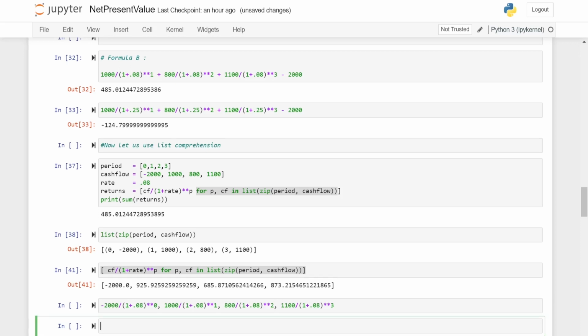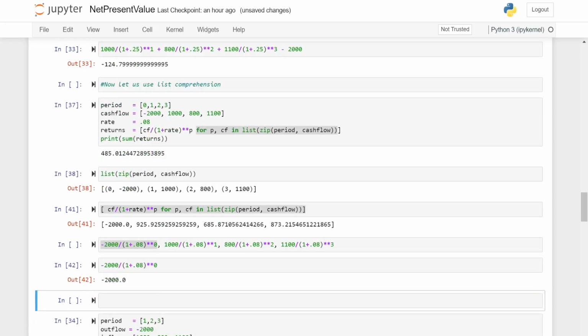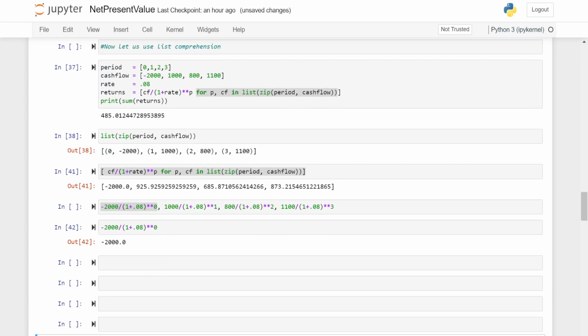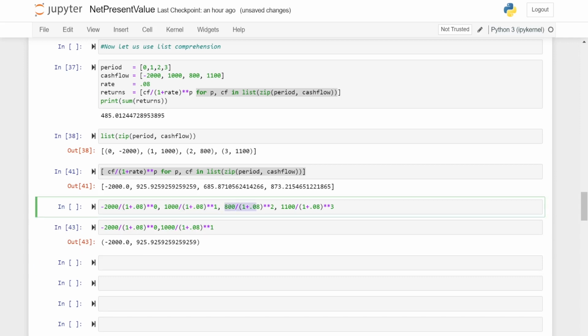So let us do the calculation. We know that this will be minus 2000 only. Correct. Okay. Next. See, 925. And then this. We could have run there itself, but anyway.